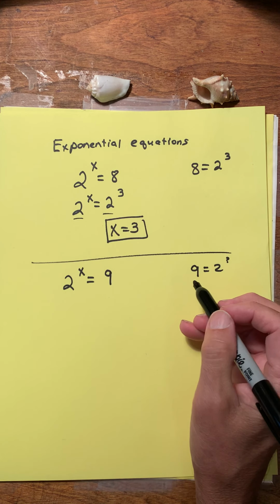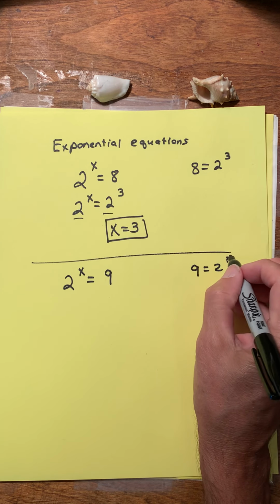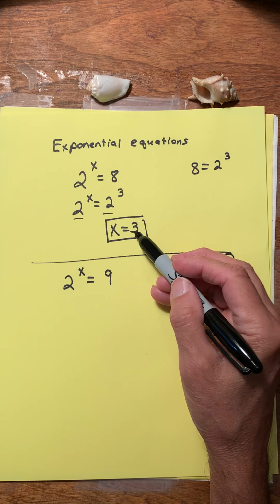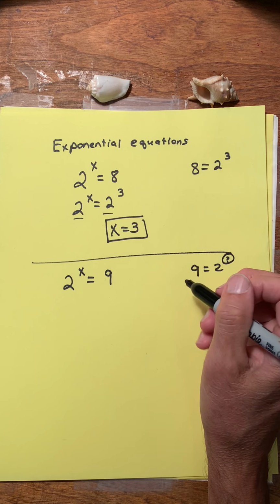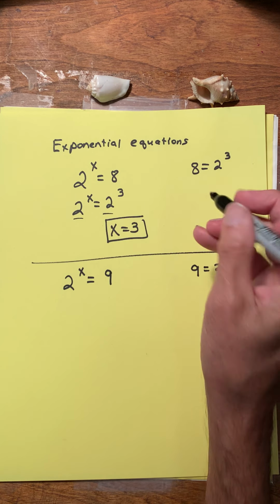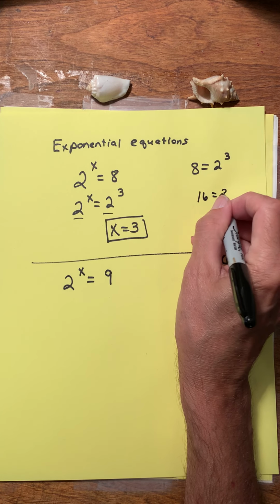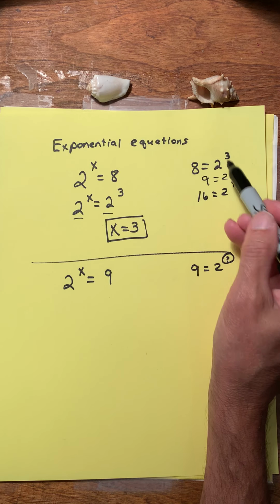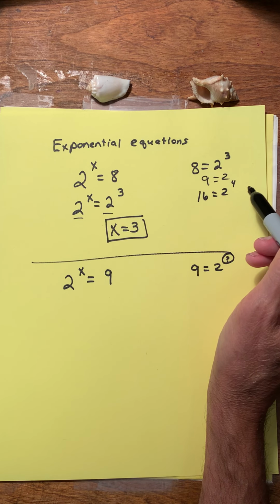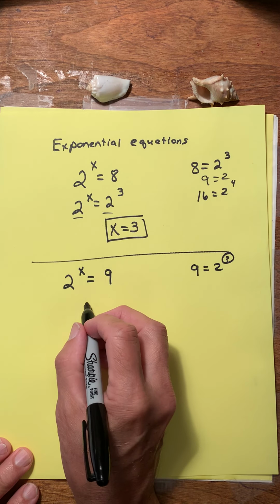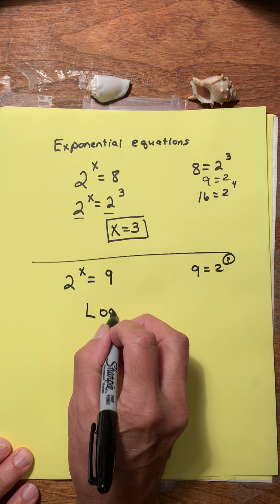All I know is basically that whatever this exponent is, it's somewhere above 3 and below 4. How do I get to 9? Well, it's 2 to some power, but it's somewhere between 3 and 4. This is where I realize I need a new concept. A concept called logarithmic functions.